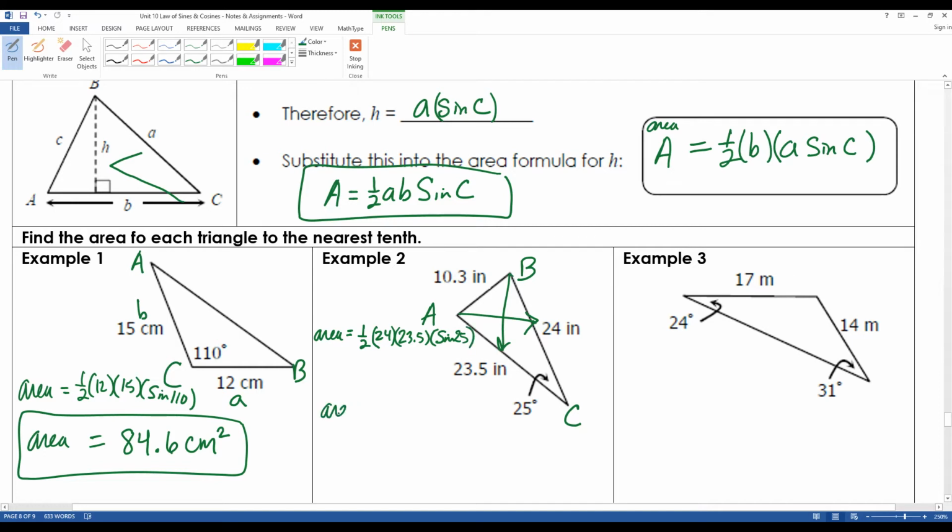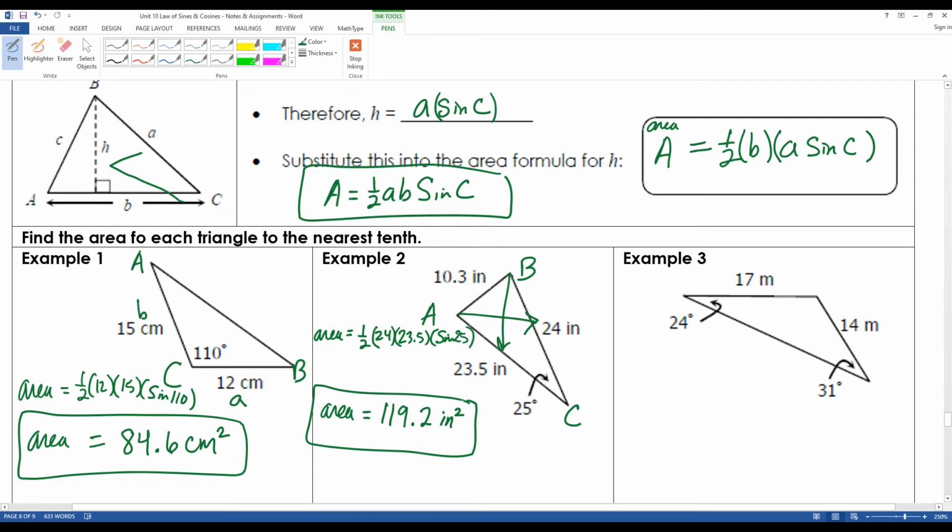So the area is going to equal, after I calculate this out, the sine of 25 times 23.5 times 24, enter, divided by 2, or you could times it by 0.5, and I get 119.2. And this is inches squared, because it's area.